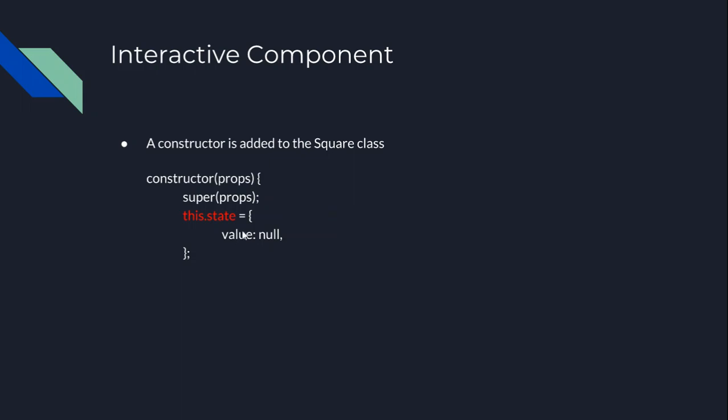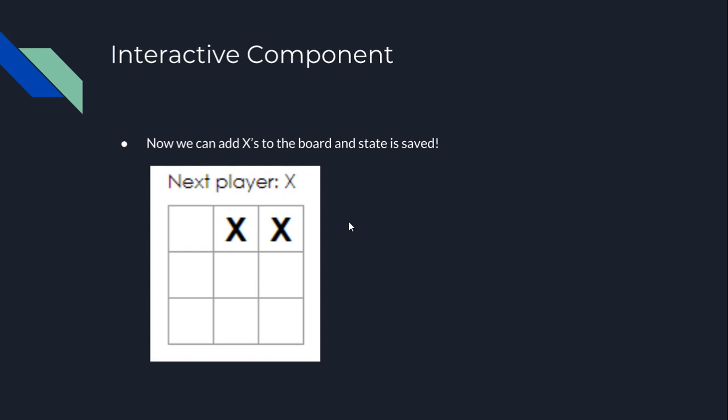And so here we just set this.state equal to the value of null, because we'll be setting x in the previous code. So now we can finally add x's to the board and the state is saved.